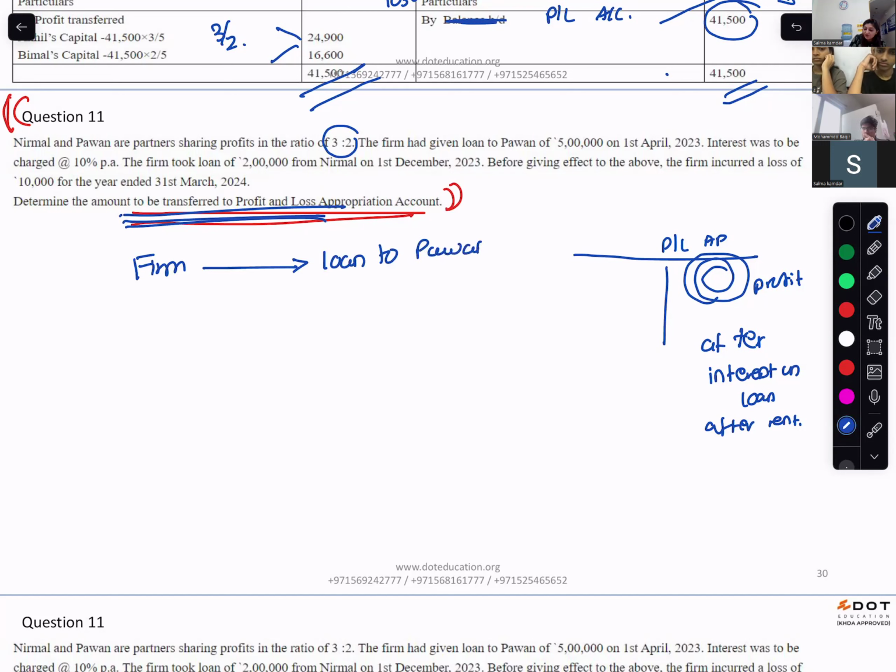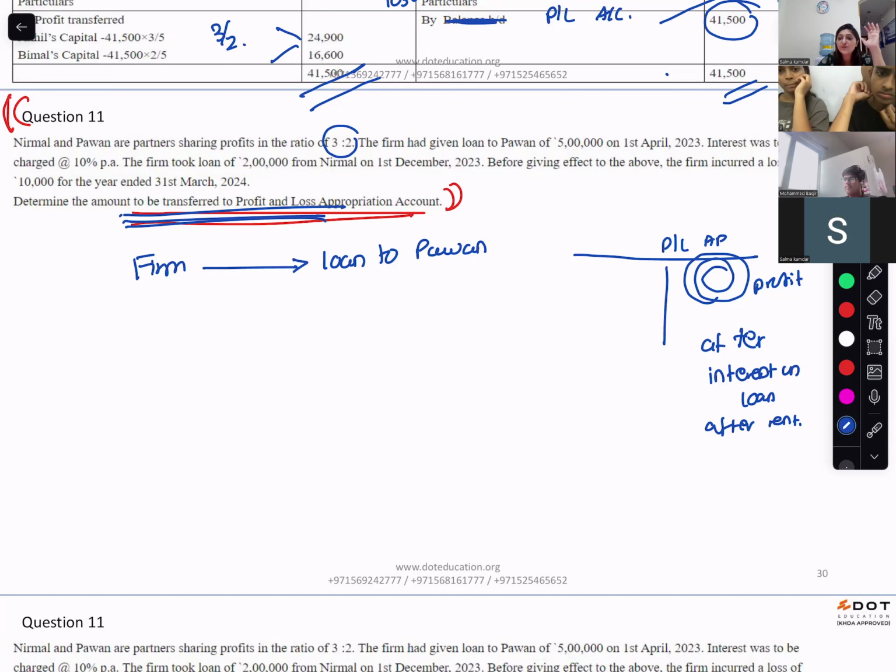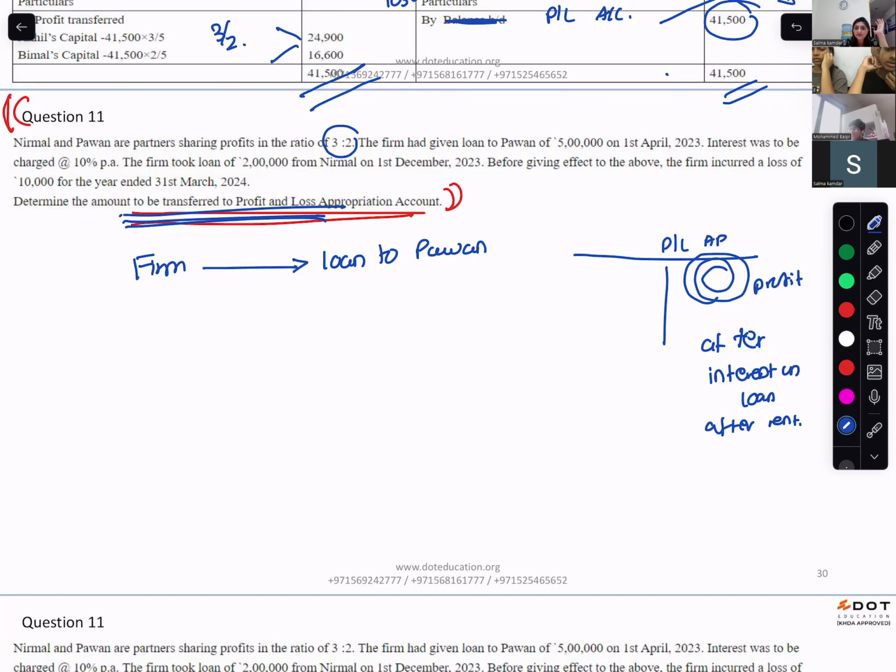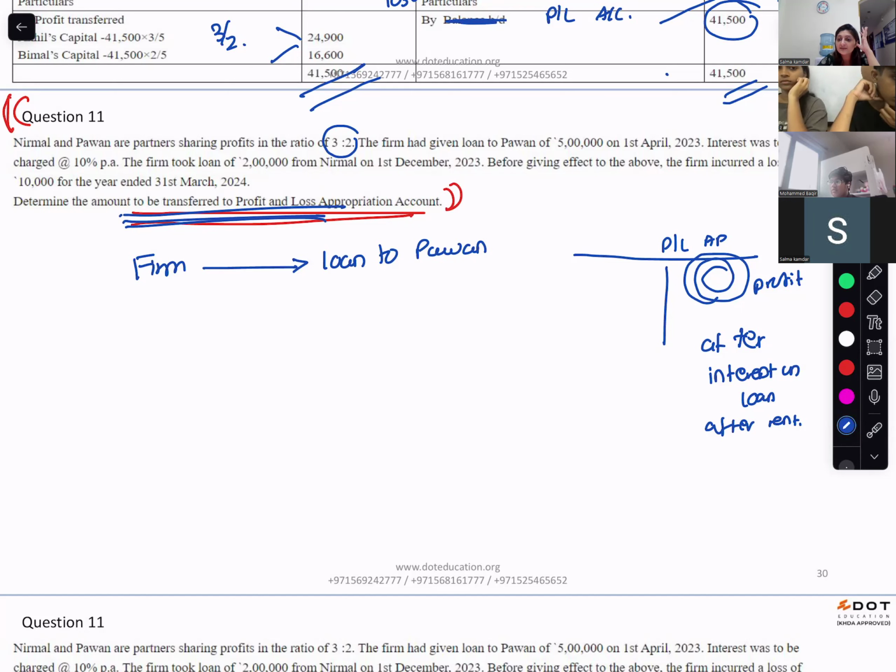Come on, tell me, if the firm gives a loan to a partner, is there any provision for that loan? No, miss. If the firm gives a loan to a partner, there is no provision in the partnership deed for that loan.